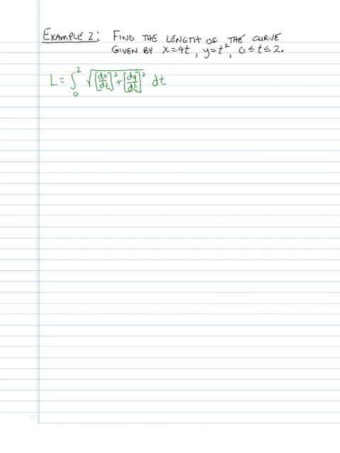So to set this up, of course, we need the derivative of x with respect to t, and we need to square that. So as we set this up here, we have the integral from 0 to 2 of a square root. Well, the derivative of x with respect to t is just 4. So here we have a 4 squared.